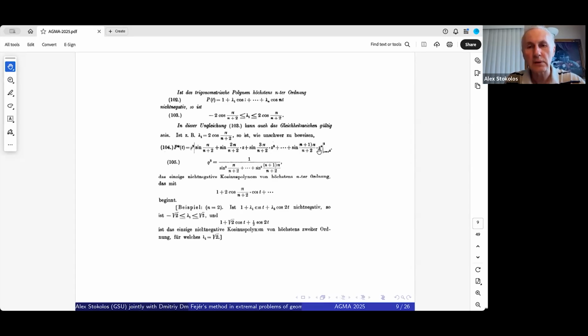If you restrict z to the unit circle, there's a normalization factor. And here, for example, this is the optimal polynomial. So this is the non-negative trigonometric polynomial with the largest coefficient, and it's unique. And here there is a corollary which says that, for example, for this type of polynomial, this is root of 2.